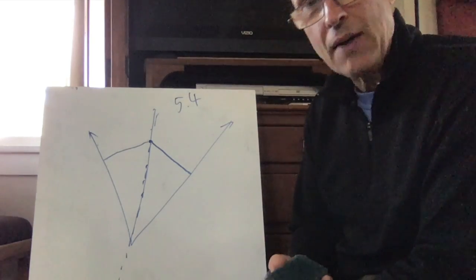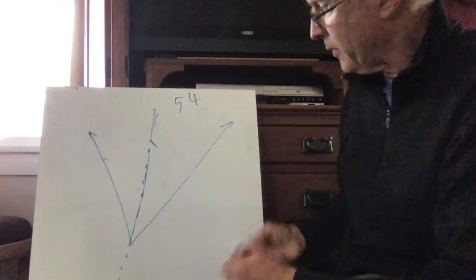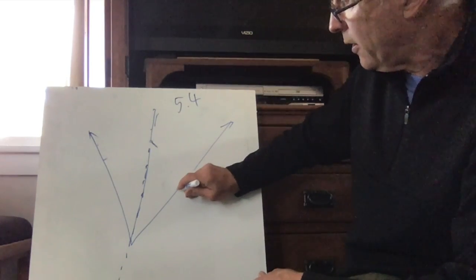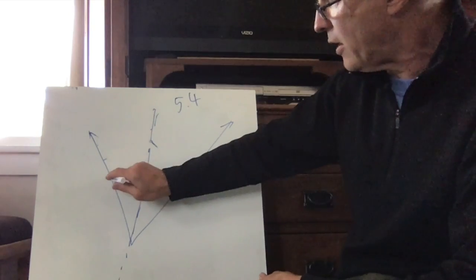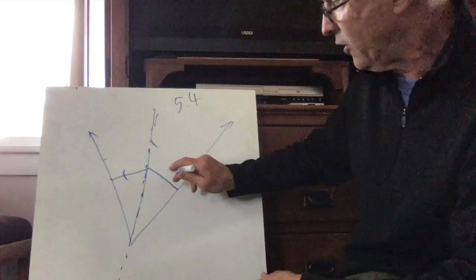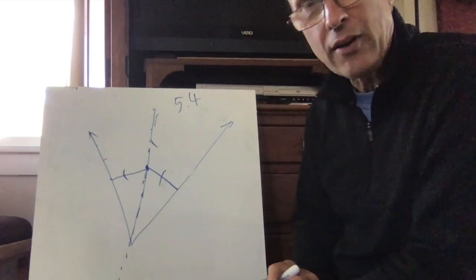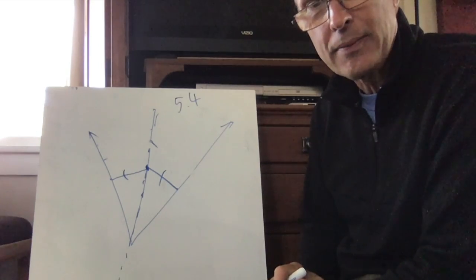Theorem 5.5 is the converse. If you start somewhere here and go up that distance, and somewhere here the same distance away, they're going to land on the angle bisector.